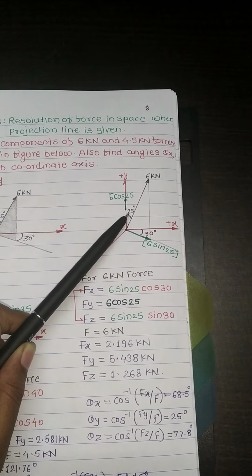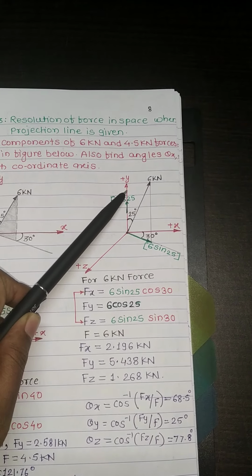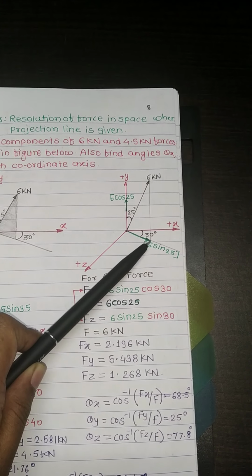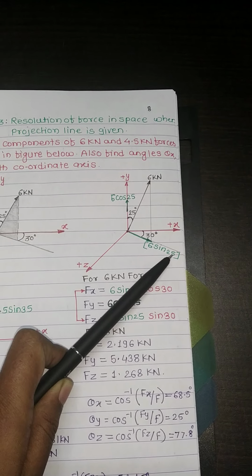With this we can say that 6 cos 25 is acting along the y-axis and 6 sin 25 is acting along the projection line.